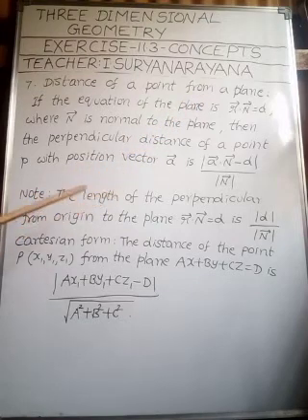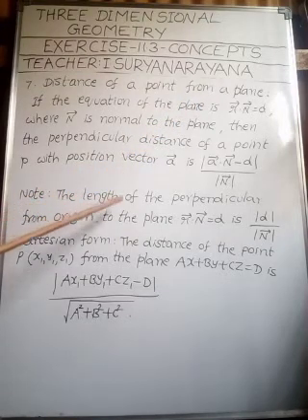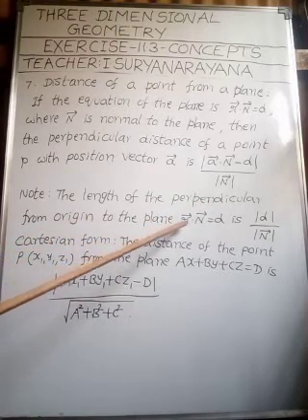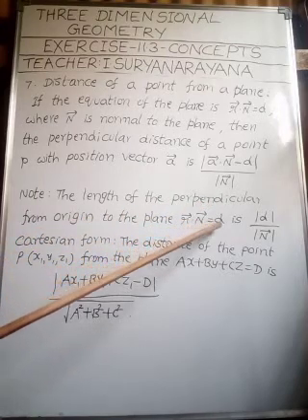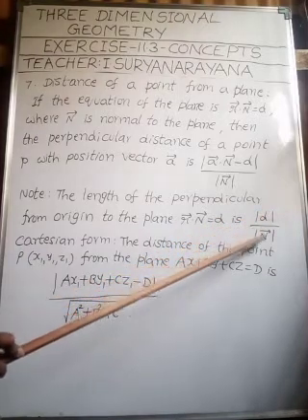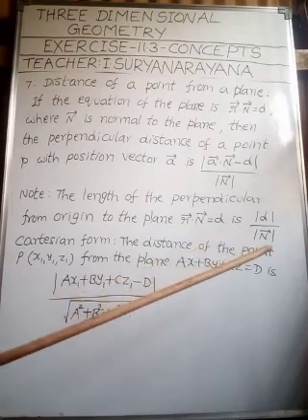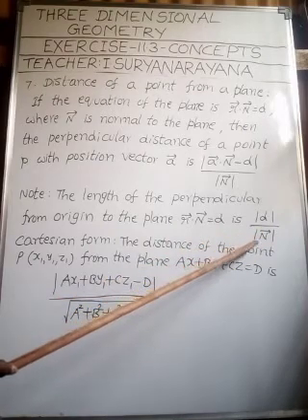Okay, my children? Right. Note, the length of the perpendicular from the origin to the plane r bar dot n bar is equal to d is modulus of d by modulus of n bar. This is also a formula. Remember this point also as a formula.